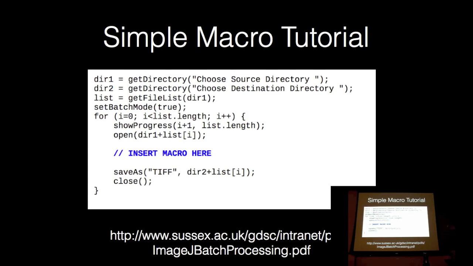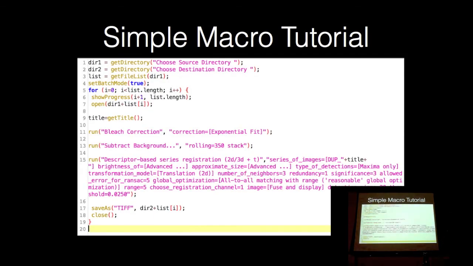You can just go to this website, copy it, and then basically paste in your macro right there. This is exactly the same macro that I showed you before, just pasted right there into that for loop. And now it's colored because I put it into the macro editor in Fiji. You run this and it will bleach correct and motion correct all of your data all at once, so it's ready to do the next step of the analysis.